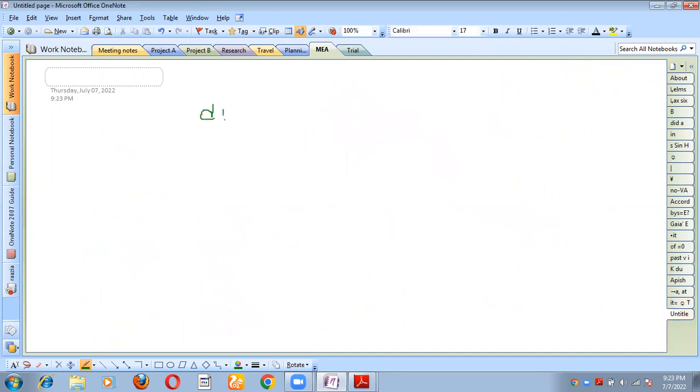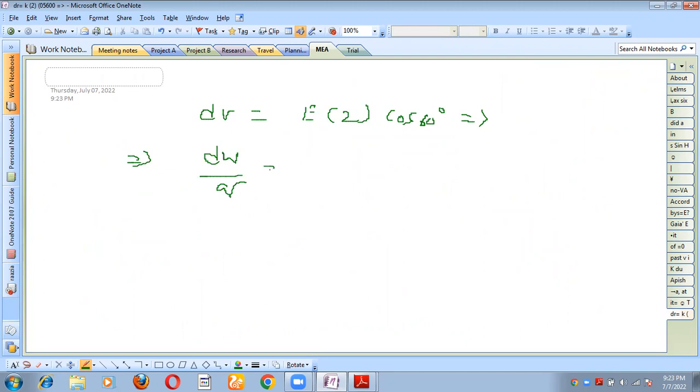We got dV is equal to E into 2 into cos 60 degrees. Again we will write dV is equal to dW upon Q is equal to E into 2. What is the value of cos 60? Half.